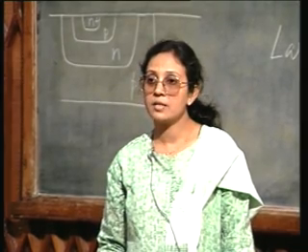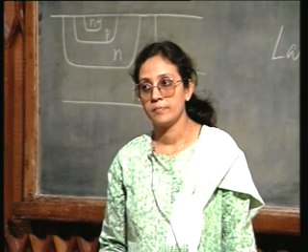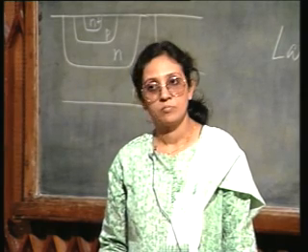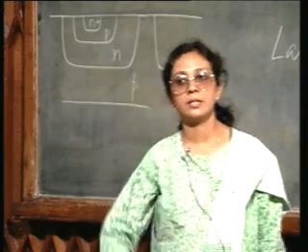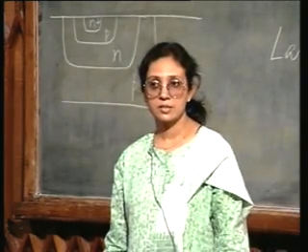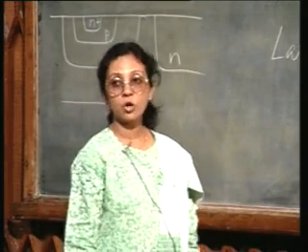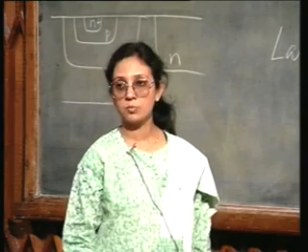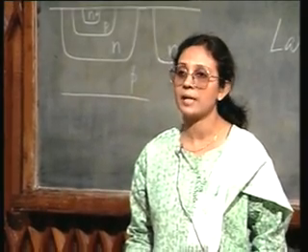So, your collector resistance will be considerably high. Okay. So, even though you get some improvement in packing density, the collector resistance of the transistor will be extremely high. So, this was not found to be very suitable.